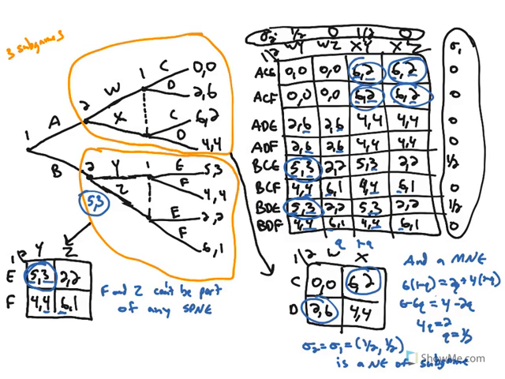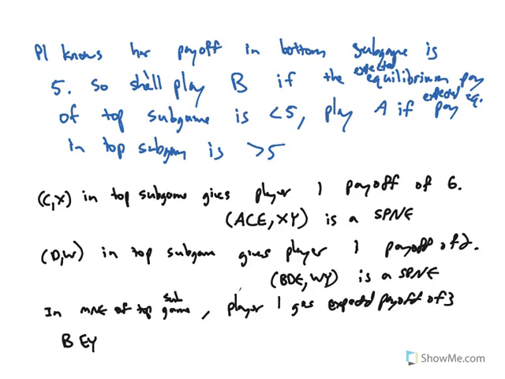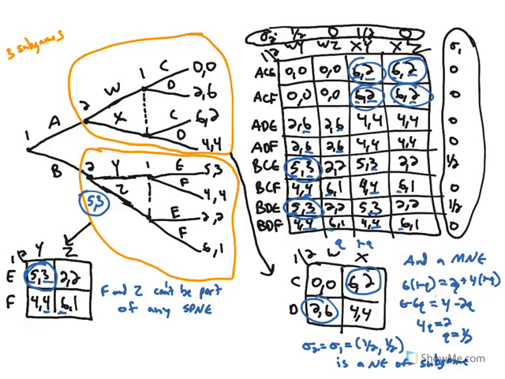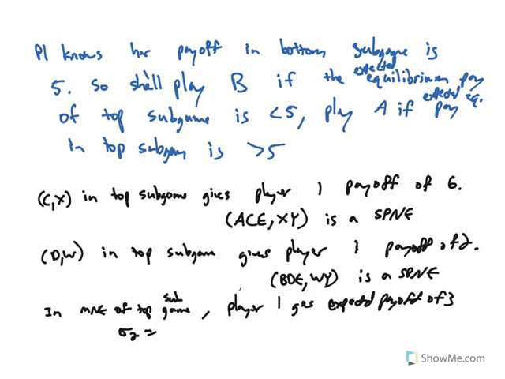So that equilibrium profile, we can write it on the other page. Sigma 2 equals 1/2, 0, 1/2, 0.